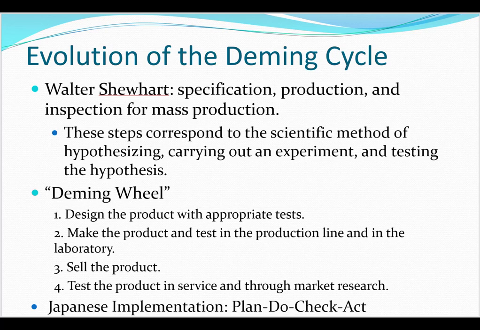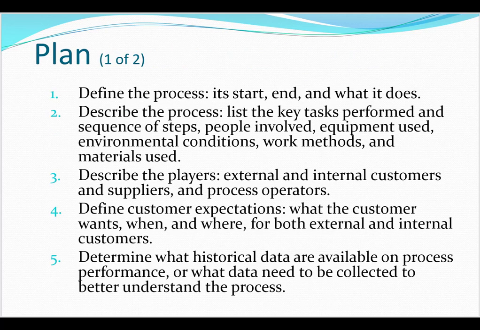Now there are several steps to the plan phase, or the plan part of the Deming cycle. The first thing that you must do when you plan is to define the process from start to finish and make sure that you know what it does so that then you can understand it and improve it.